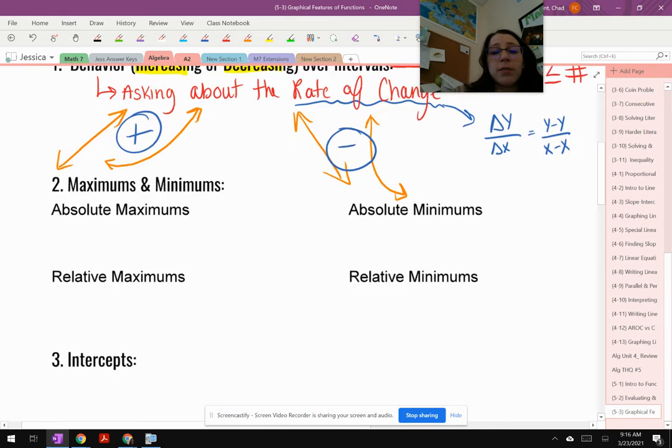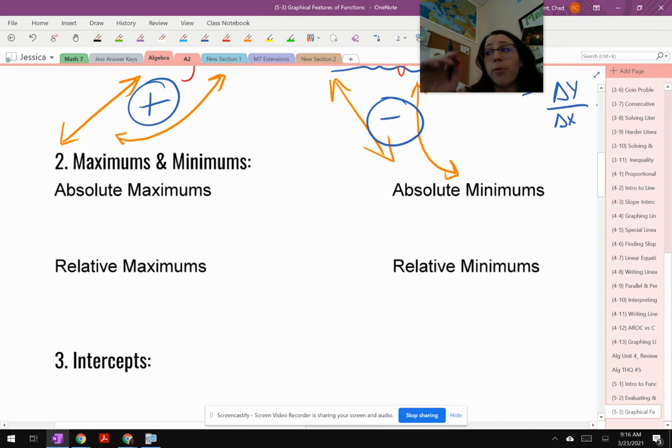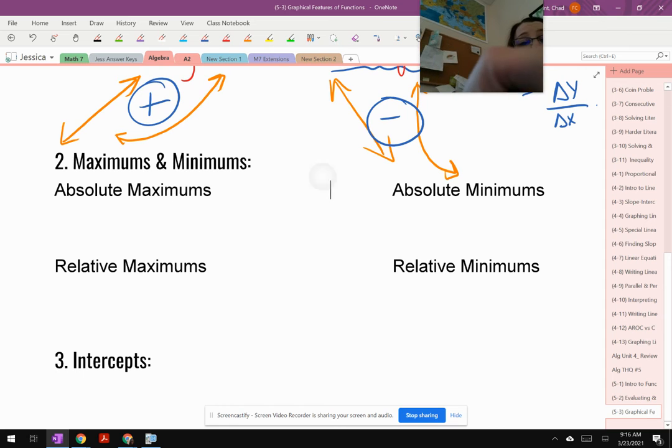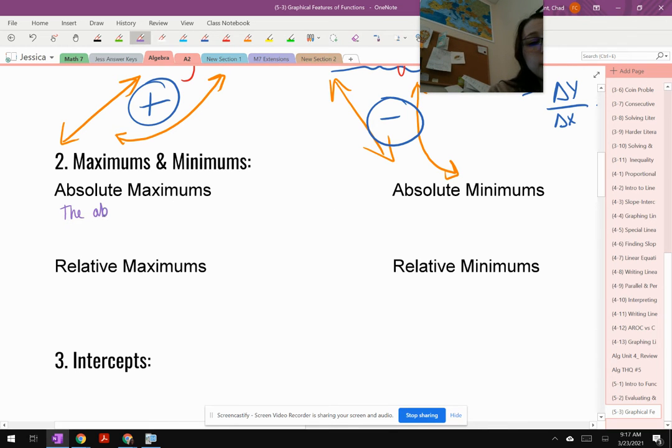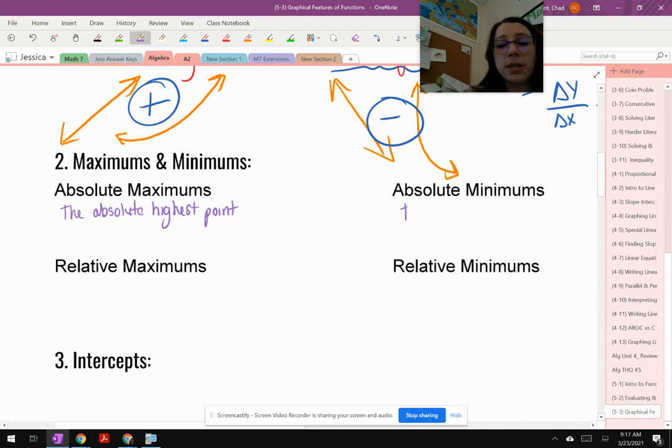When you're asking about the maximum and the minimum points, there's two different kinds. There's absolute max and mins, and then there's relative max and mins. The absolute max is the absolute highest point, and your absolute min is the absolute lowest point.